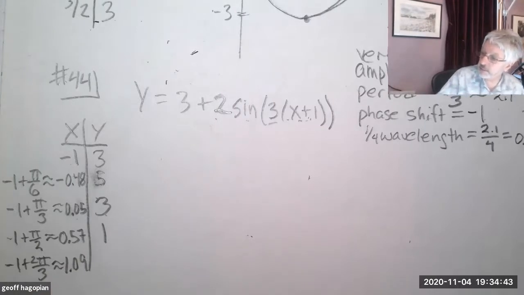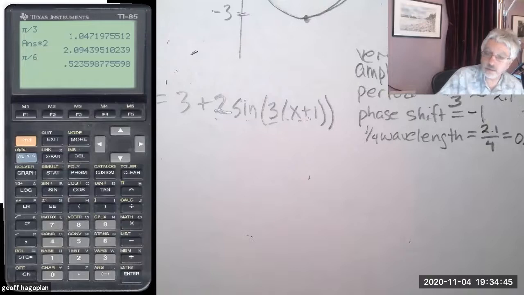So if I go back to my calculator, I need to go back here. I'm going to say -1 like that. Whoops.